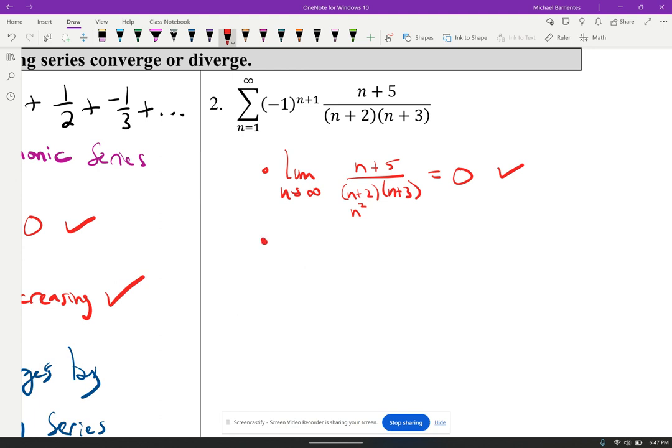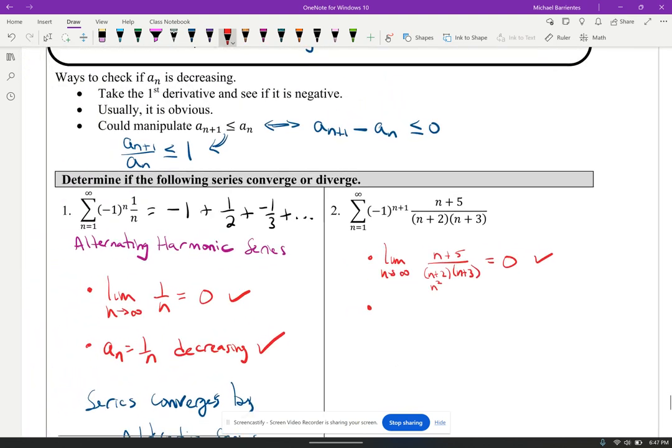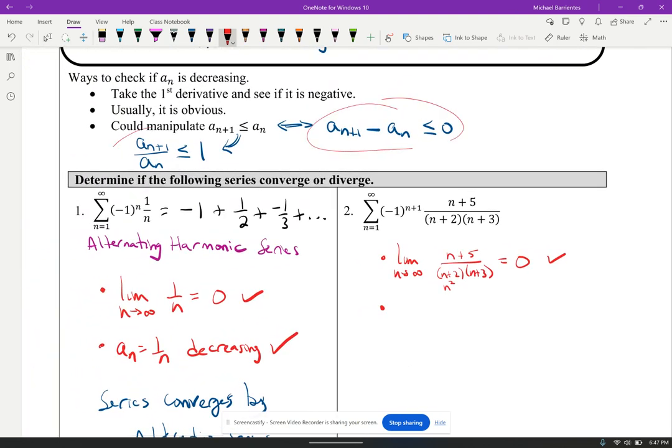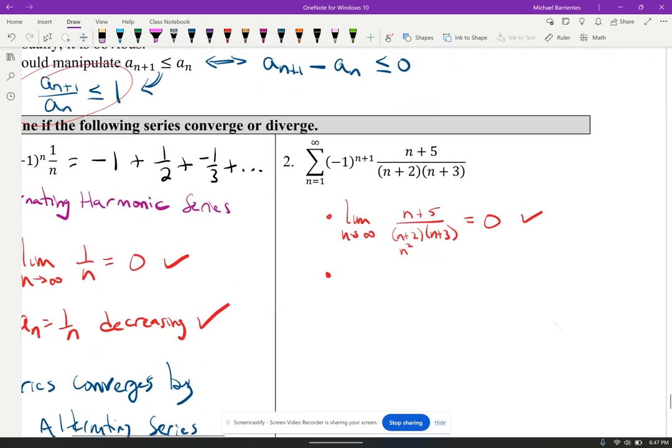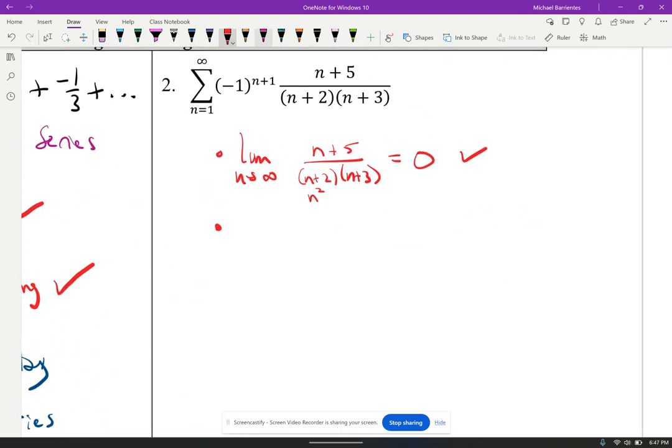Well, I could use one of these manipulated expressions to show that it does decrease, right? And I think I'm going to use this one. So let's find a sub n plus 1. A sub n plus 1 means I'm substituting n plus 1 wherever you see a variable n.